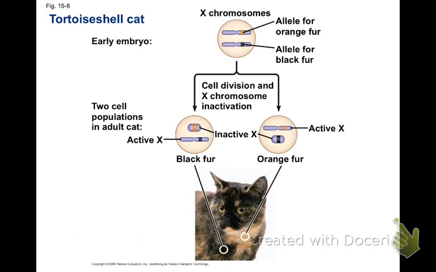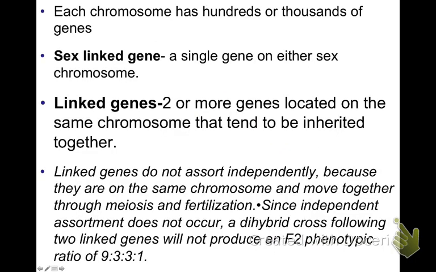So a visual representation of how this inheritance pattern works: there are 2 X chromosomes. One is an allele for orange fur and the other is an allele for black fur. During cell division of this embryo, at about the 100 cell stage, one X chromosome in some of the cells gets inactivated and the other X chromosome gets inactivated in others.